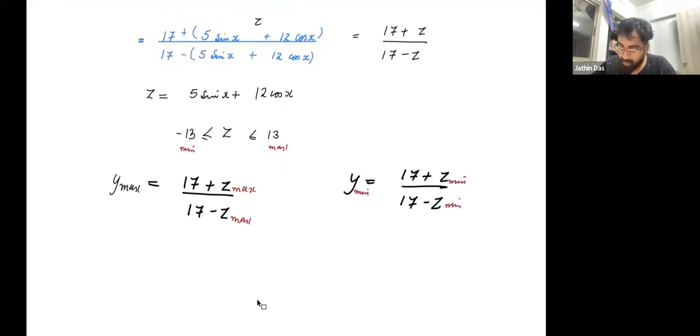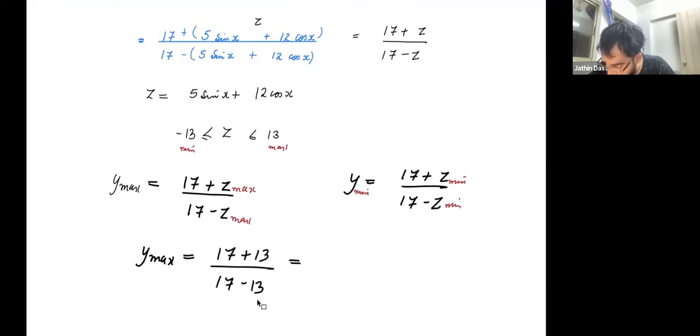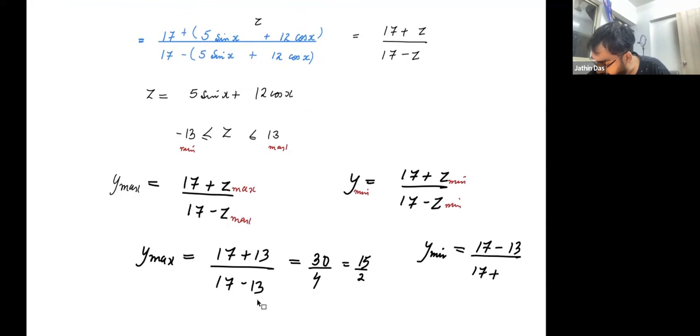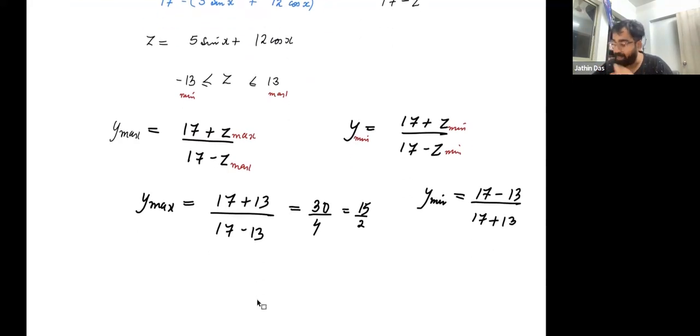That's it. So y maximum will be (17 plus 13) by (17 minus 26), that is 30 by 4, which is 15 by 2. Here y minimum will be (17 minus 13) by (17 plus 26), 4 by 30, which is 2 by 15.